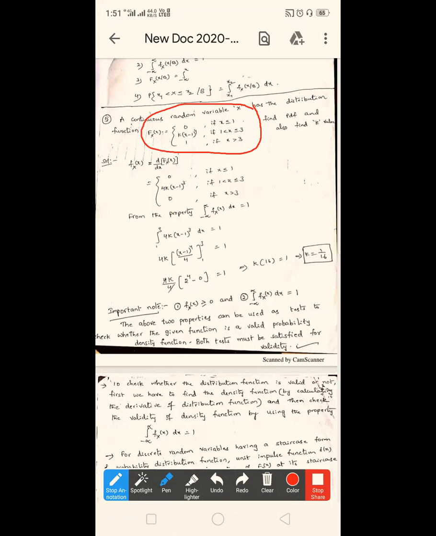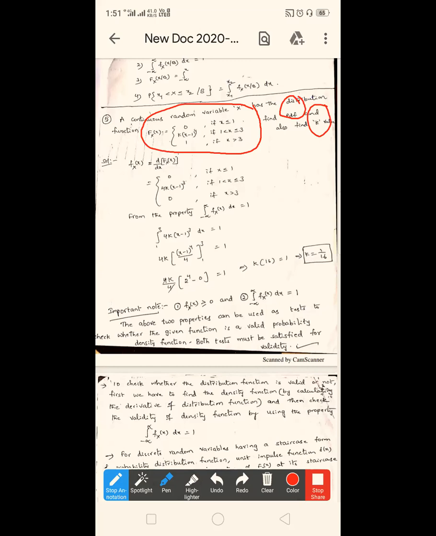So for this function we have to find the PDF, the probability density function, and also the k value. Up to now we solved various problems in which the probability density function was given for you and you were asked to calculate the cumulative distribution function. But here the problem is reverse.